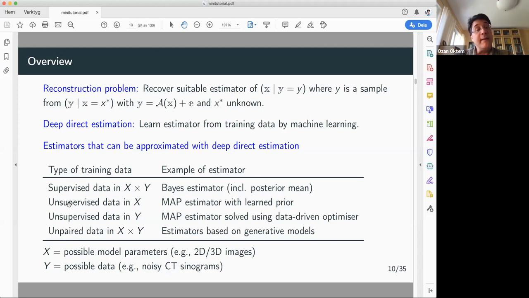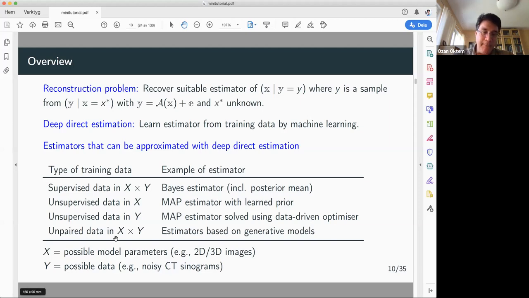If you have only unsupervised data in the model parameter space, that is just a bunch of images lying around, for example, then you could try to compute the MAP estimator with a learned prior. If you have unsupervised data, just a bunch of tomographic data lying around, then you could use deep learning to compute a MAP estimator, which is handcrafted by all means, not a learned prior or anything like that, but you're using machine learning to compute the optimization in a faster manner.